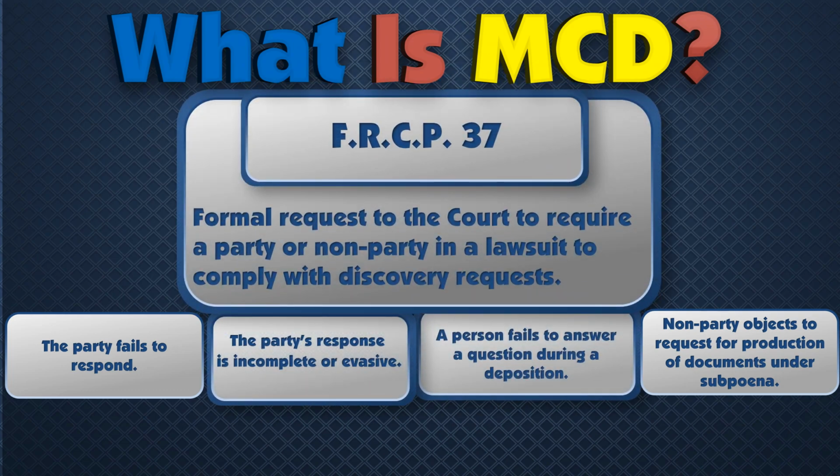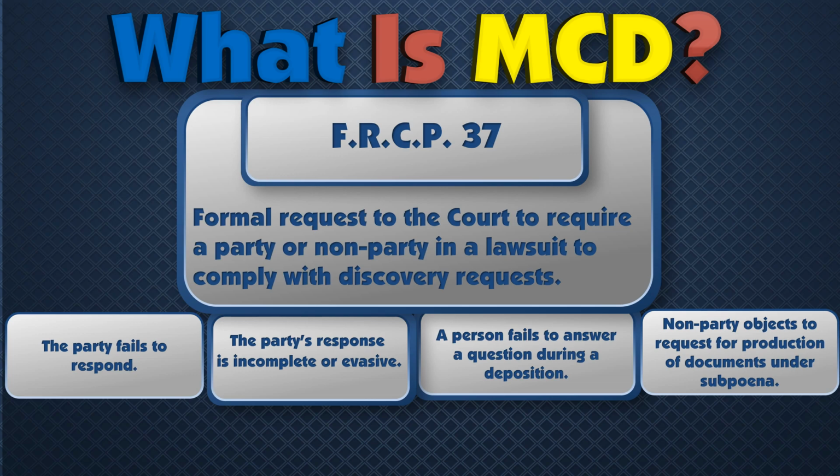So let's get into the MCD, or the motion to compel discovery. What is it? It is found in Federal Rules of Civil Procedure 37. It's a formal request to the court to require a party or non-party in a lawsuit to comply with discovery requests. And when is this motion filed?